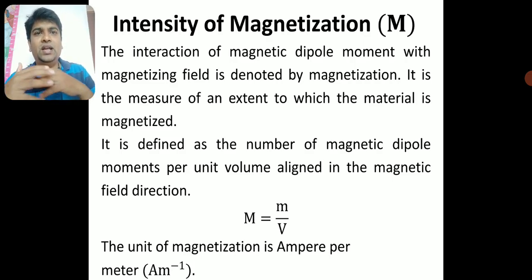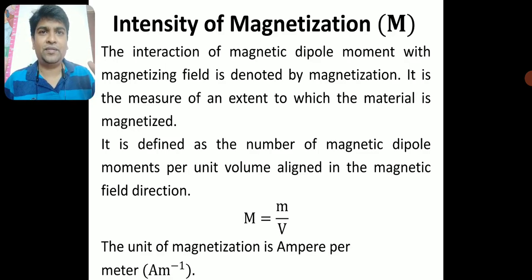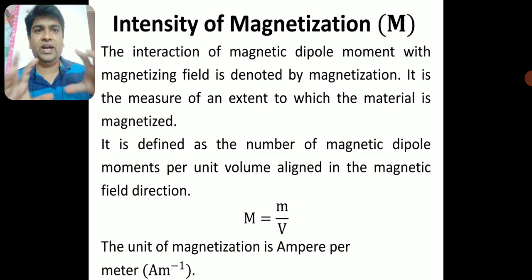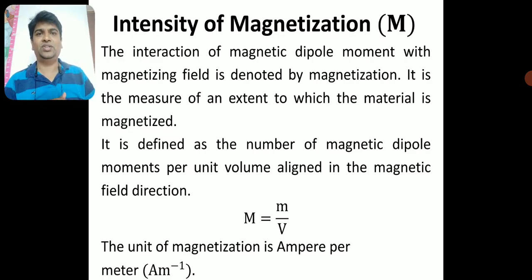When they start aligning, you find out the magnetic dipole moment per unit volume, and that gives you the intensity of magnetization. So the magnetic moment per unit volume aligned in a magnetic field direction is called the intensity of magnetization.